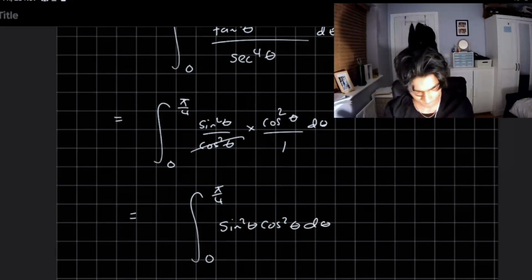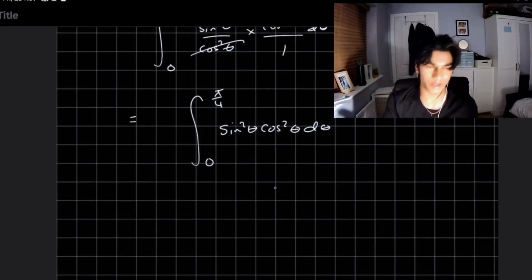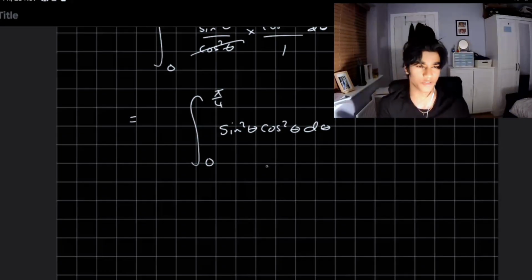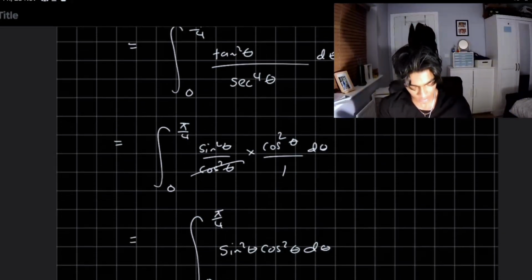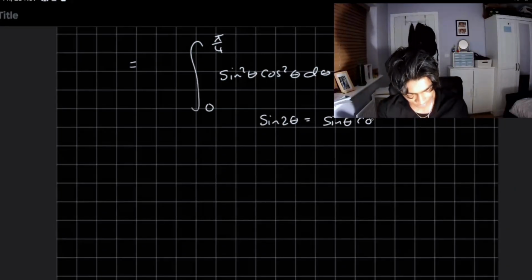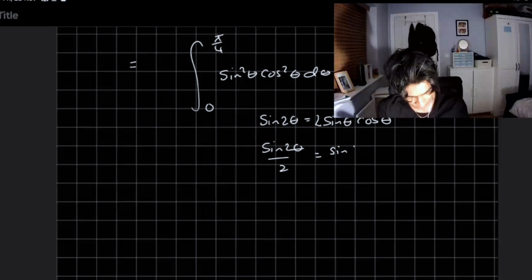This reminds me of another identity, the double angle formula. Sine 2 theta equals 2 sine theta cos theta. So if we divide by 2, we get sine theta cos theta.